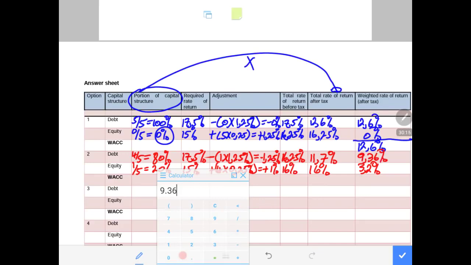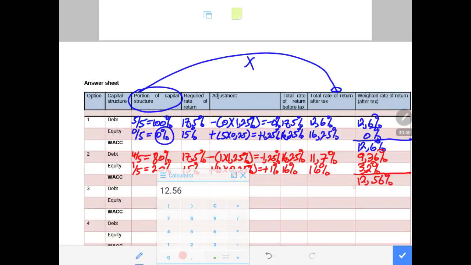If we add these two, we will get the weighted average cost of capital when there is 80% of debt and 20% of equity. Therefore, 9.36 plus 3.2 will give us 12.56%.